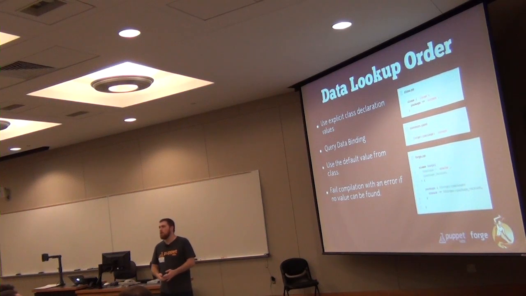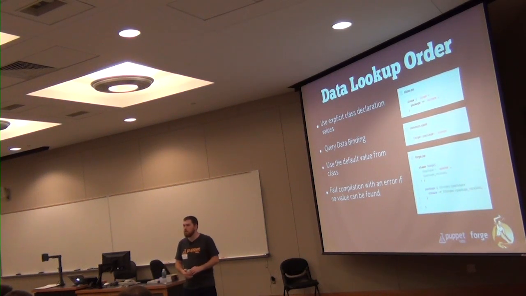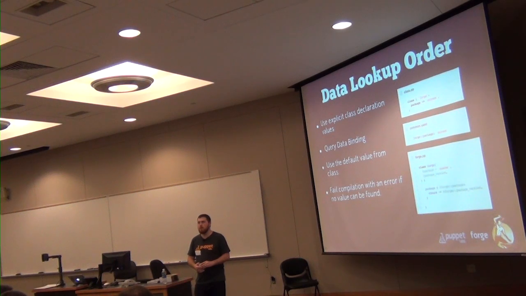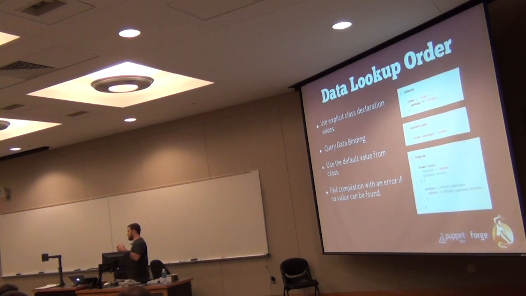So you said before you might have different teams using different data sources for the data binding. How do you keep them from stepping on each other's feet in Hiera? Like if one group named a variable and the other group named the same variable, how does it know which one to use? Okay, so the question, if anybody else didn't hear that, is what happens if two teams are creating two variables with the same name in Hiera?